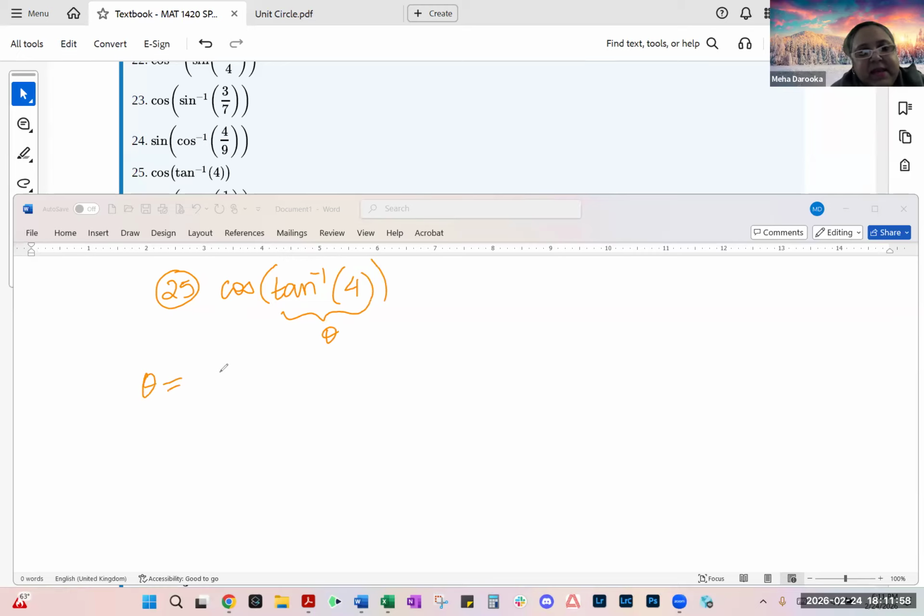So you would have theta equals tangent inverse of 4, which we can then rewrite as tangent of theta is equal to 4. So how would you proceed from here, seeing how we did in the other examples? What would your strategy be here?